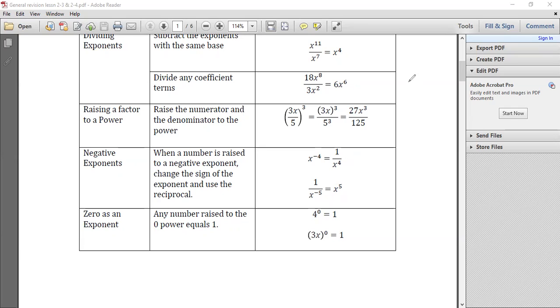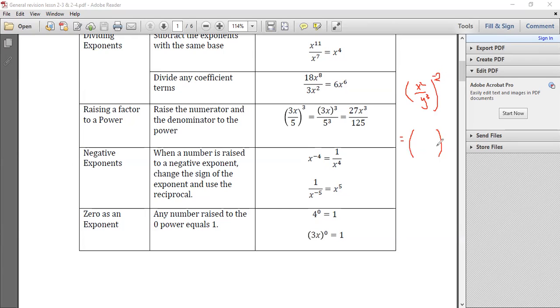But let me give you a question. In case you have x to the power of 2 over y to the power of 3, all to the power of negative 2, how can we solve this question?